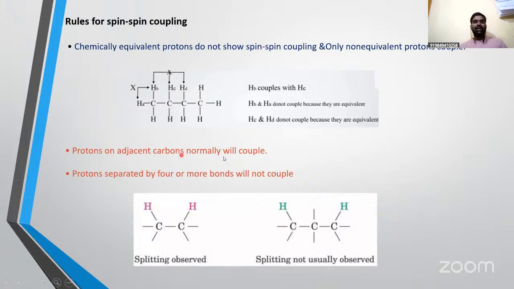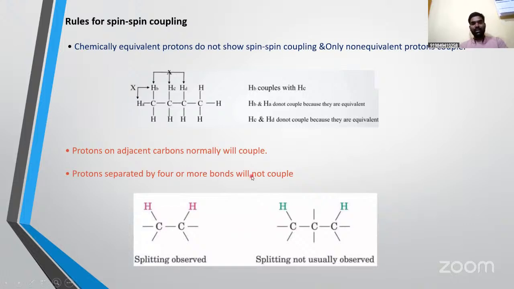Protons on adjacent carbons normally will couple. This is one carbon, this is another carbon. This proton can be coupled with the hydrogen on the other carbon. Protons separated by four or more bonds will not couple.